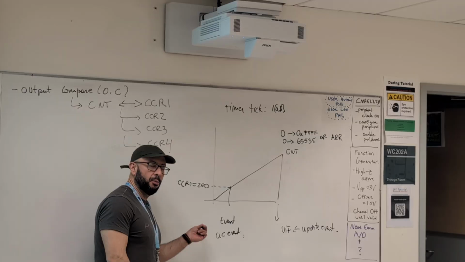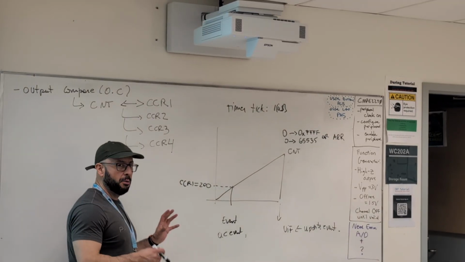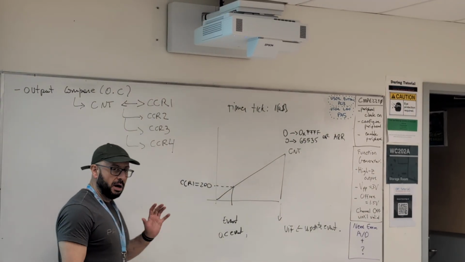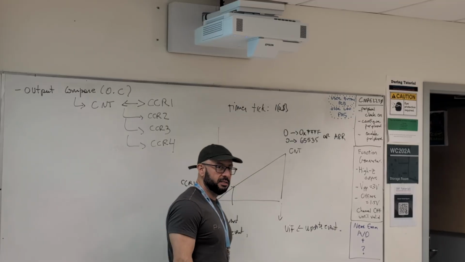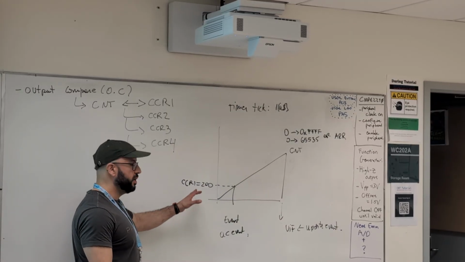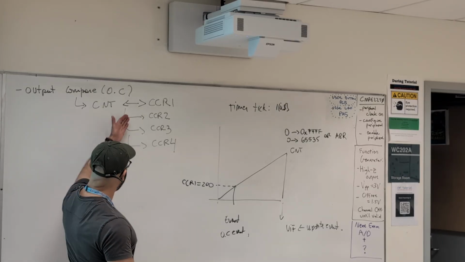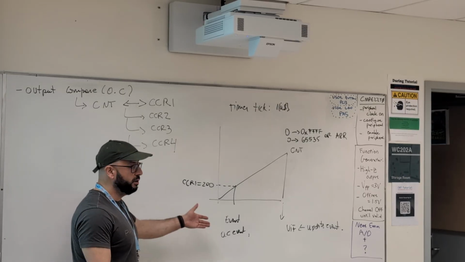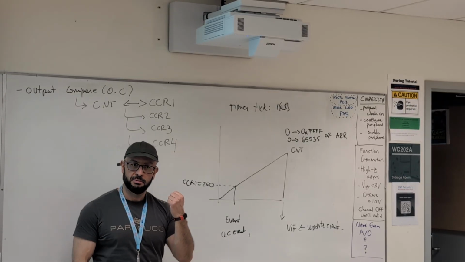But ideally, what I would like to do here, and I want you to see the difference. How is this different from this? Well, it is different because now this event is attached to the channel, meaning that if I have more channels, I can have more events using the same timer.